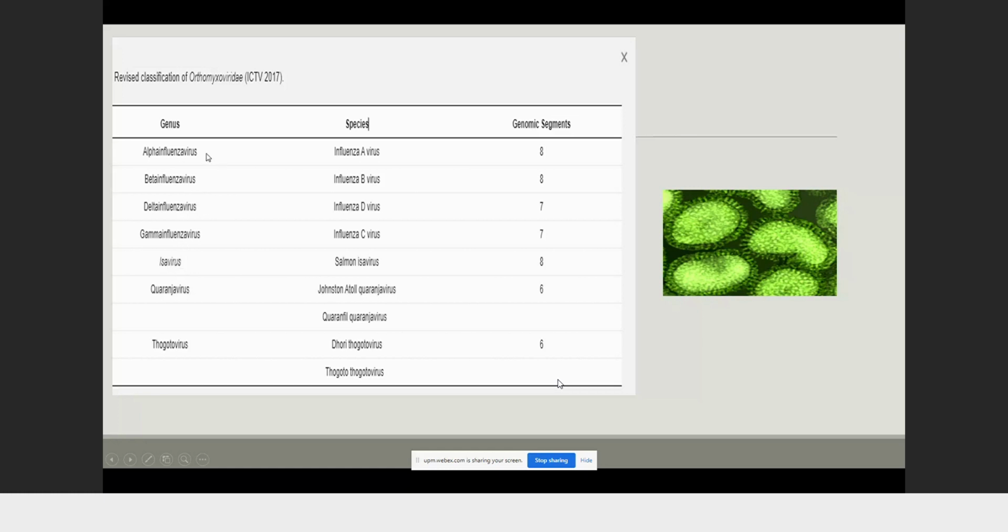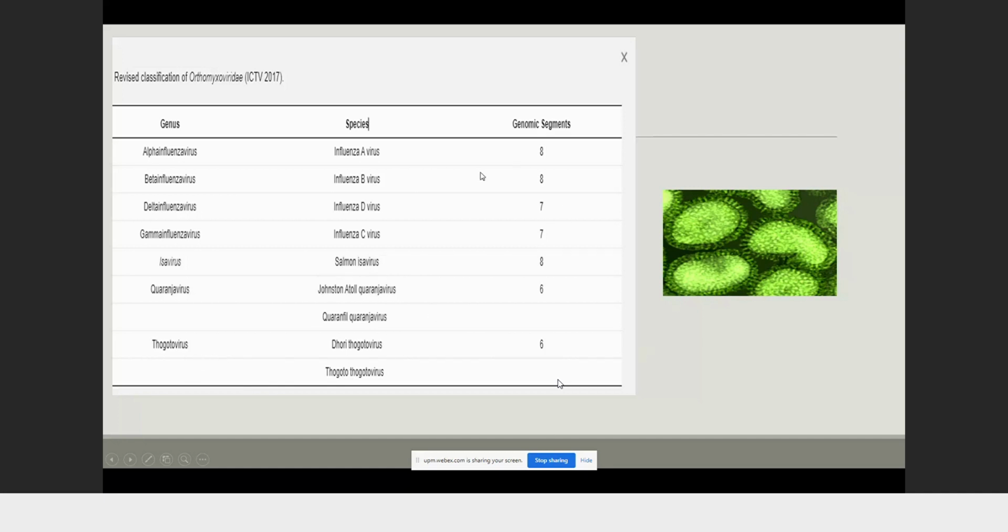So we have Alphainfluenzavirus, which infects humans and animals. Delta and gamma mostly infect humans. Isavirus mostly affects fish, and you have Thogotovirus, which is mostly an arbovirus, or arthropod-borne virus.